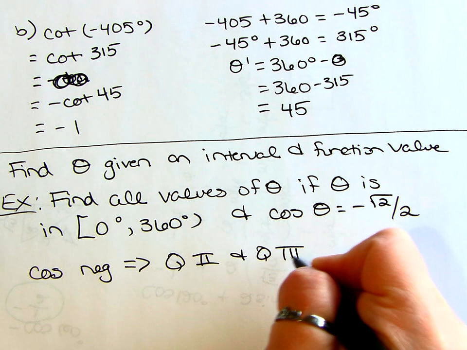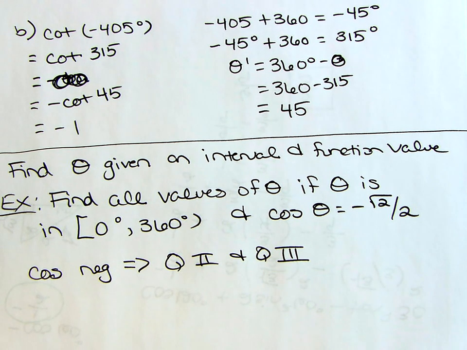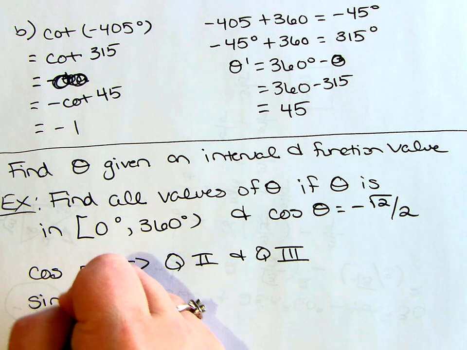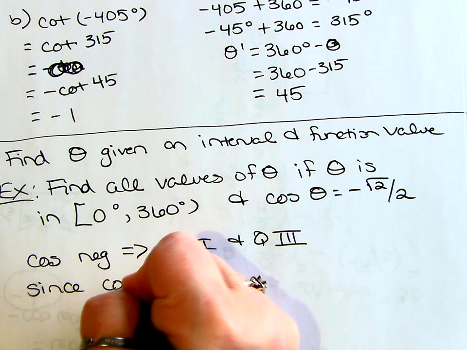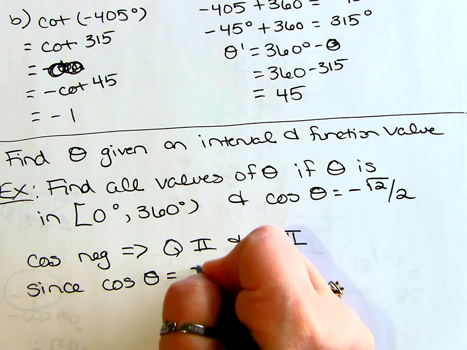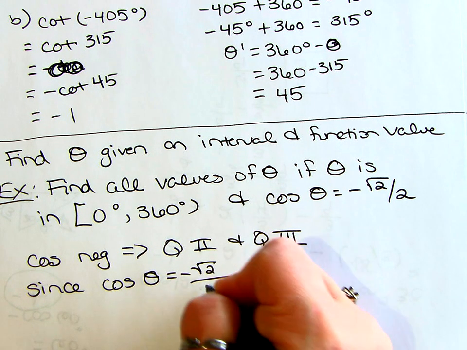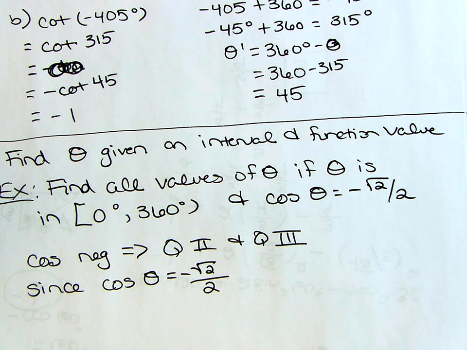I'm walking you through my logic of how we've solved these. Since cosine is equal to negative radical 2 over 2, are we dealing with a 30, 60, 90 triangle or a 45, 45, 90 triangle? Yeah, so that means our reference angle is 45 degrees.